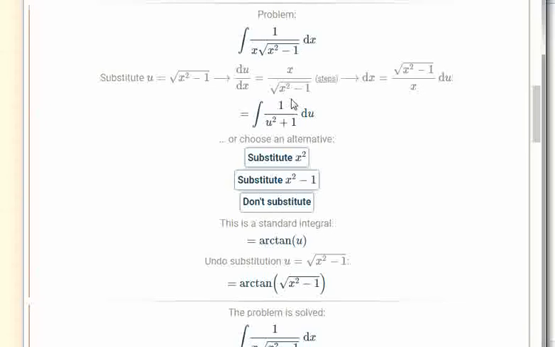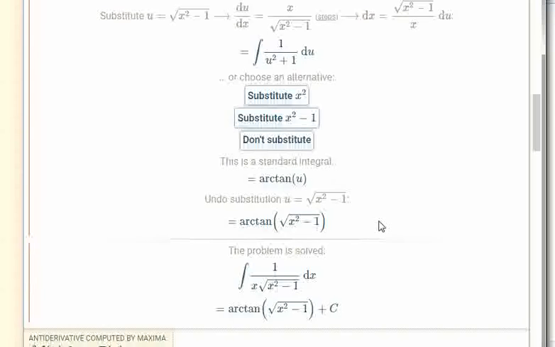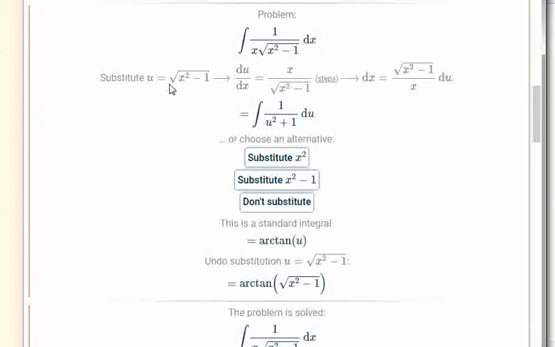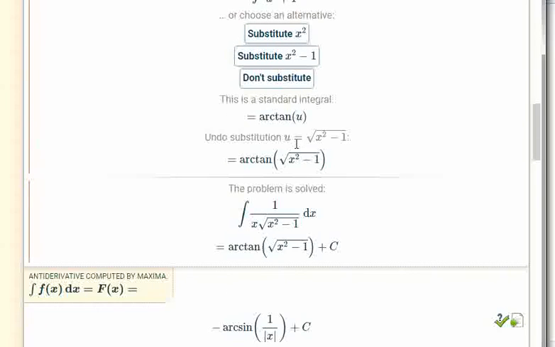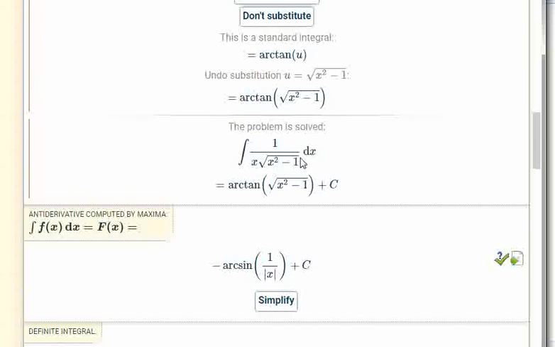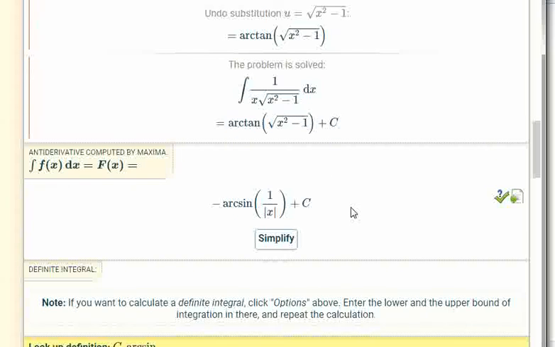And this is a standard integral, which is arctan of u. So 1 divided by 1 plus u squared integrates to the arctan of u, and use the substitution of u from here, root of x squared minus 1, into here. So you get arctan of square root of x squared minus 1, and this is your final answer.